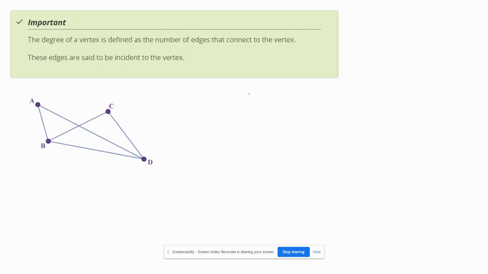Okay, and then we've got degree of a vertex, which is the number of edges that connect to the vertex. So we could say the degree of A would be equal to 2 because it has 2 edges coming out of it.